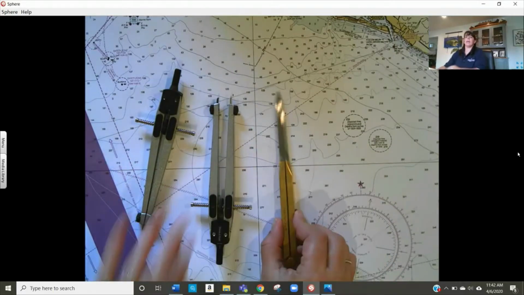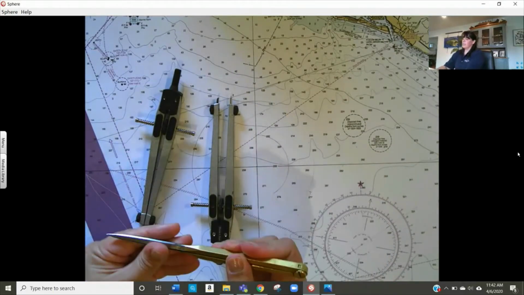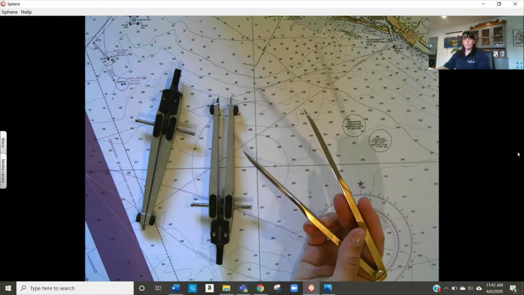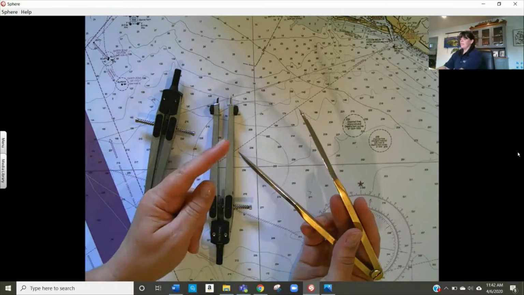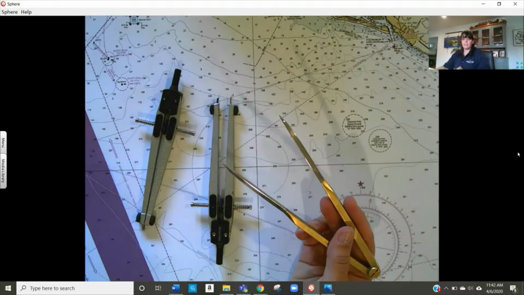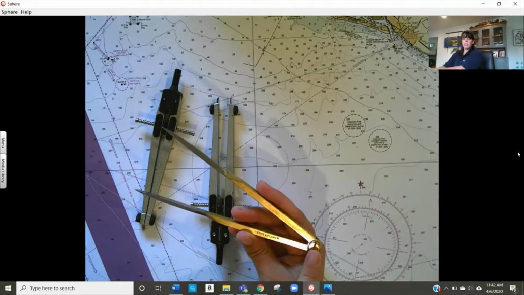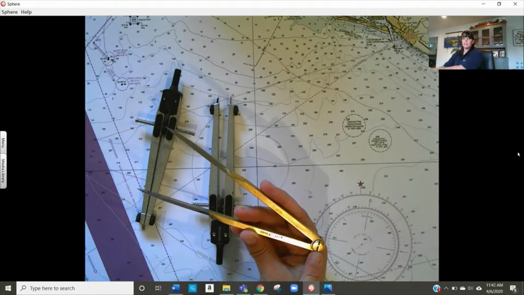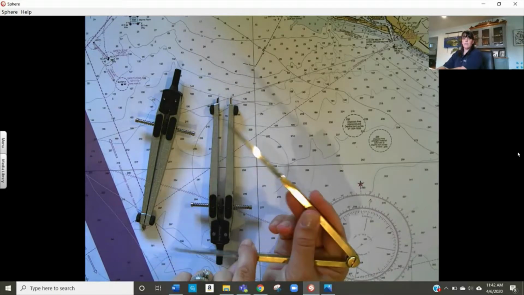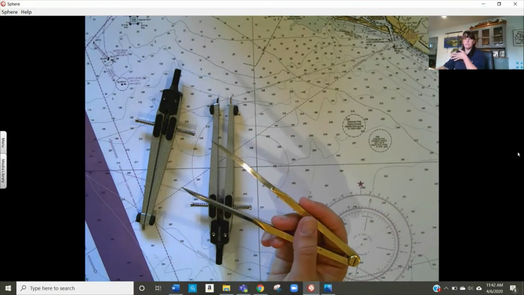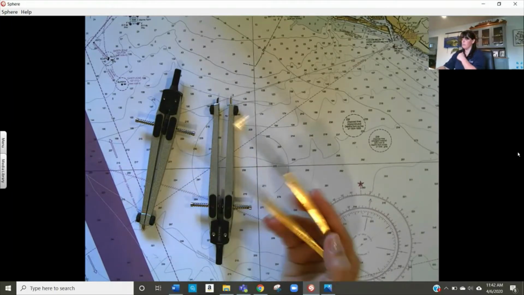So a pair of dividers you can use to measure a distance from point A to point B. Dividers have two pointy ends. This type of dividers hinges on a screw that you can tighten here to make it harder or looser, and you just pull and close together to get the dividers to move.